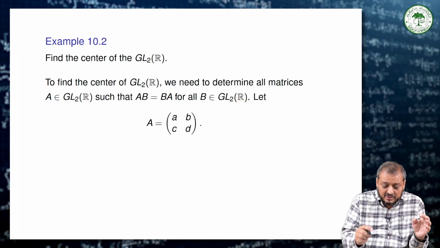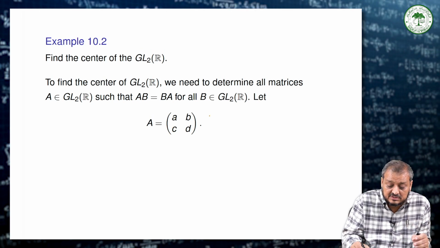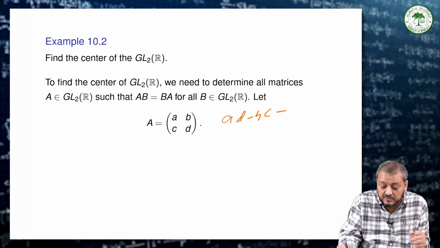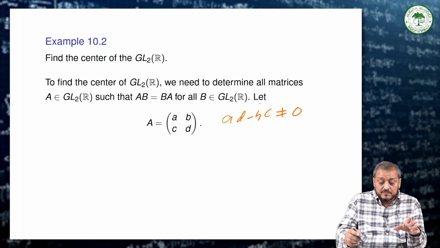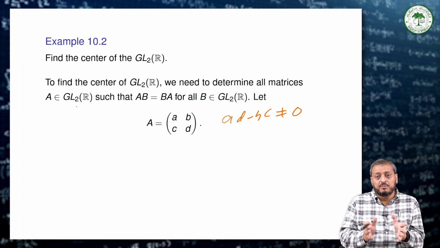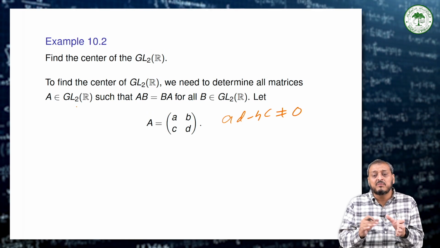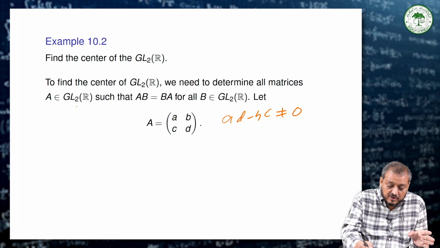Assuming that A is equal to the matrix with entries a, b, c, d, where the condition is ad minus bc is not equal to 0, because this is a member of GL2(R). GL2(R) is the group of all invertible matrices, so the determinant of A should be not equal to 0, which means ad minus bc is not equal to 0.